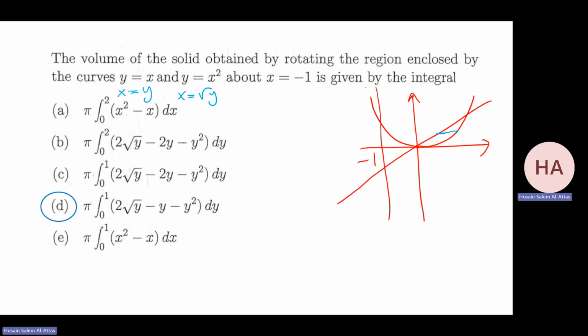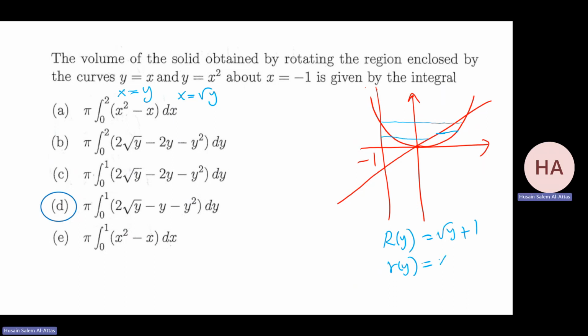So what I have here, capital R of y, the bigger one, will be what? Square root of y, this will be the bigger one, which is square root of y plus 1. Small r of y will be this one.